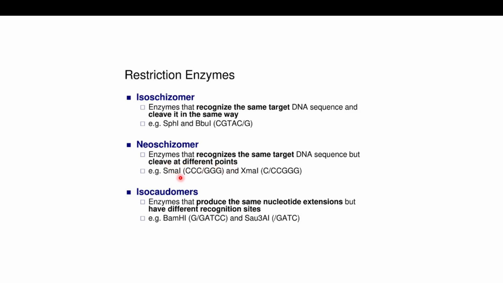Suppose SmaI: it cuts in between C and G, creating blunt-ended fragments, but XmaI recognizes the same sequence, triple C and triple G, but cuts between the first and second C residue, which creates sticky ends.